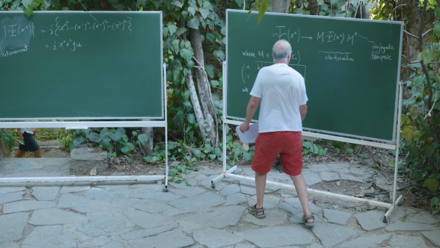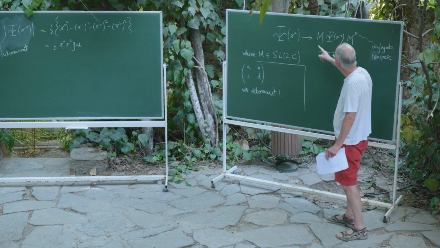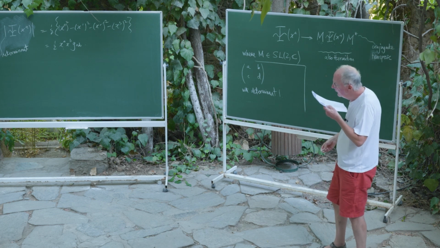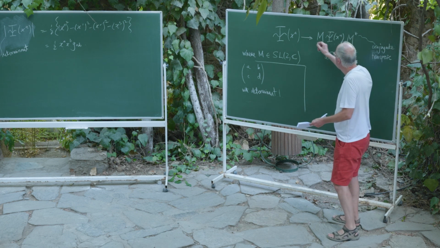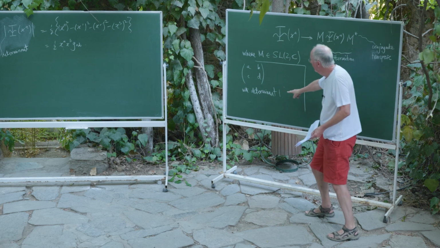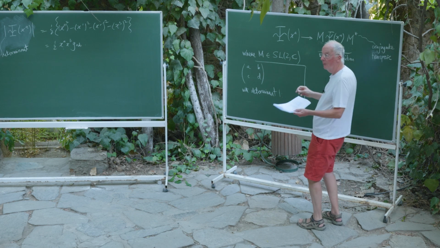But also, now look at the determinant here. If you calculate the determinant of this, you see these matrices have determinant 1. So the determinant of all of this is still 1, right?